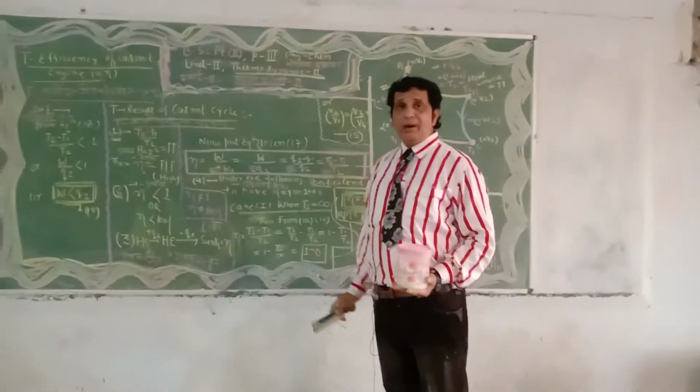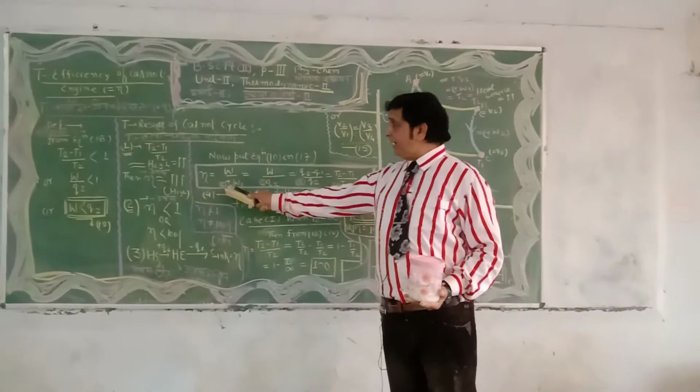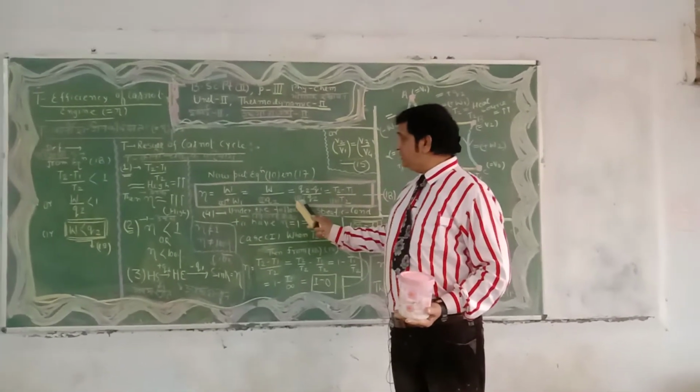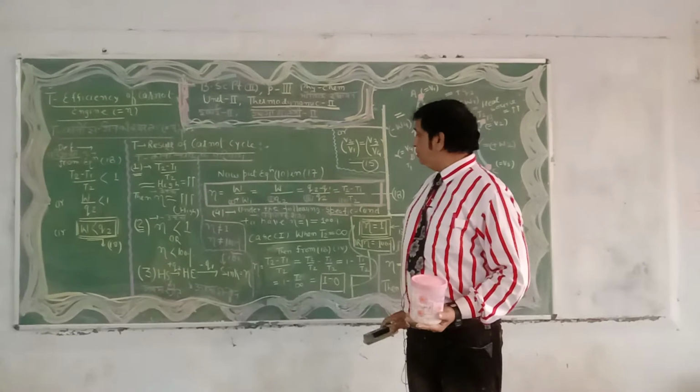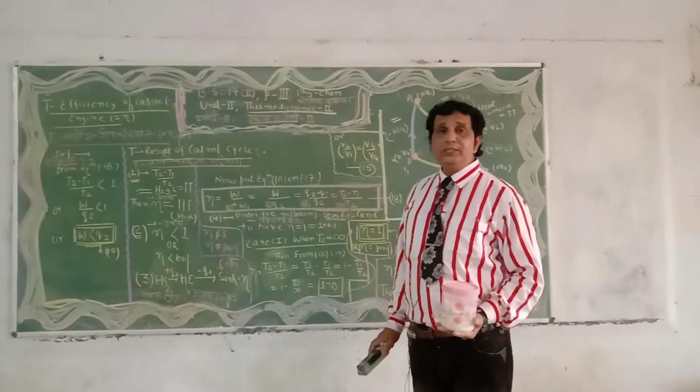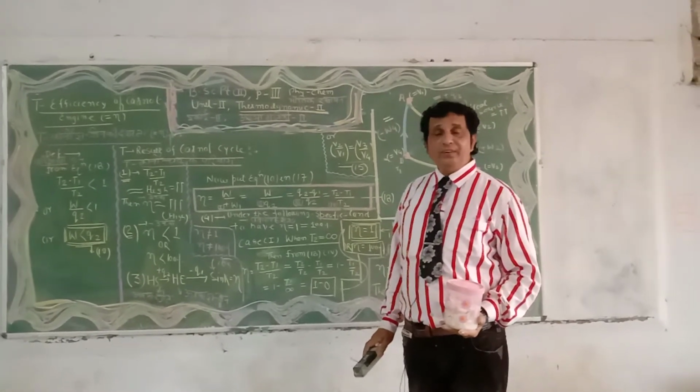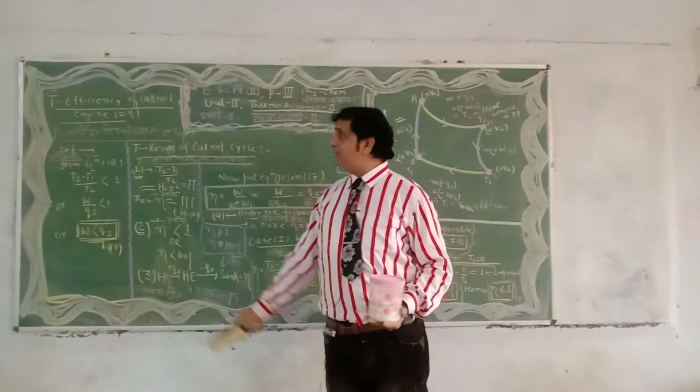These are marked as the first term, second term, third term, and fourth term. Dear students, we are going to define the efficiency of the Carnot cycle today.